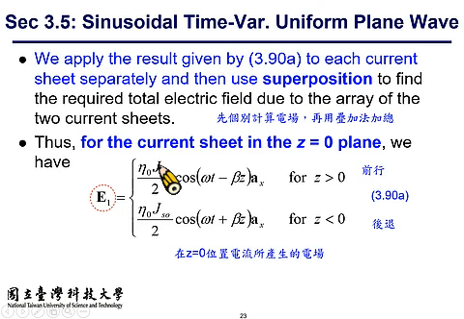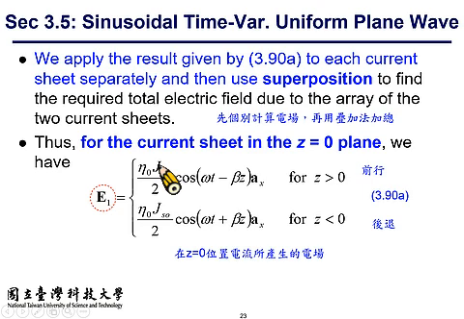The component that goes in the positive direction is in the form of eta sub 0 J_S0 over 2 times cosine omega t minus beta z, in the x direction. And this description is valid for z greater than 0.